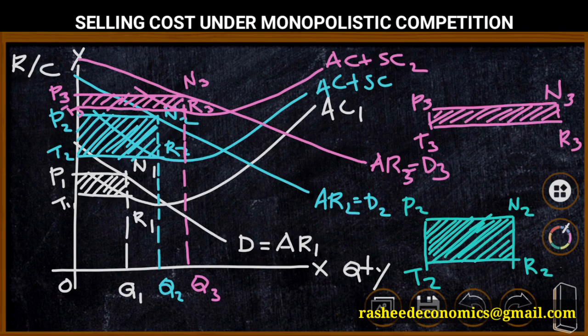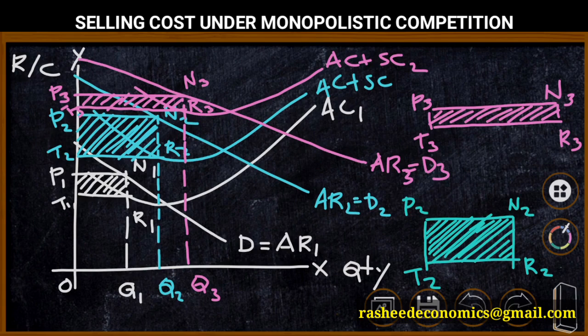But at the second stage, when more and more money is spent on selling, the increase in revenue generated will be lower than the increase in the cost of advertisement or cost of selling the commodity.